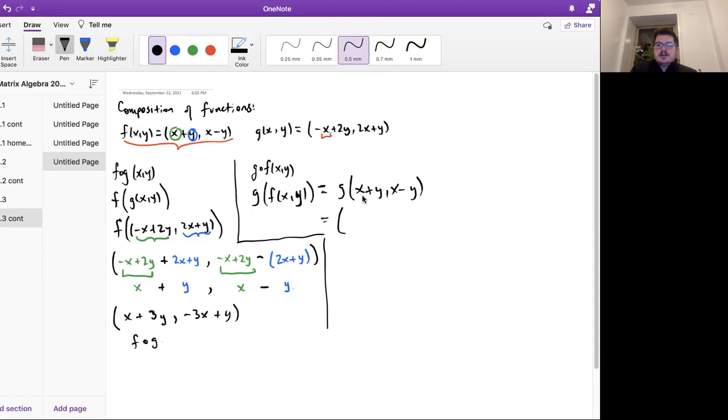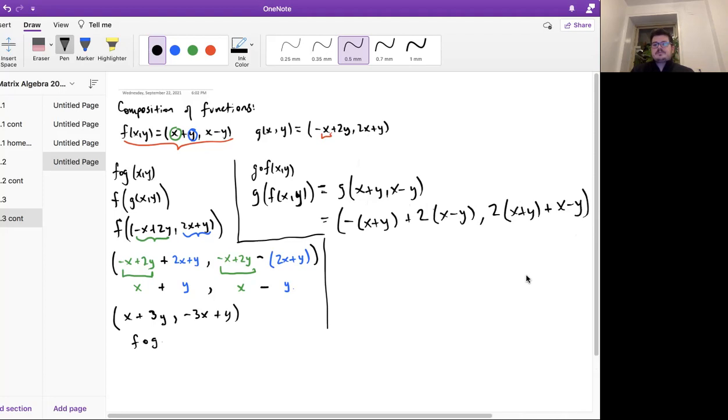We plug x plus y into x, then plus 2, plug in x minus y, comma, then you plug in 2 times x minus x plus y, plus plug in the second coordinate, x minus 1. Everyone see that? This is the first coordinate in f.